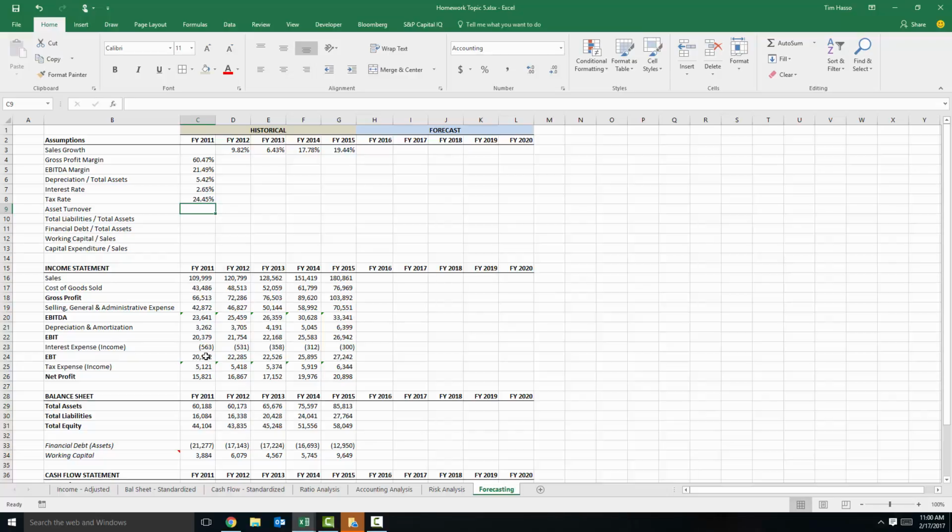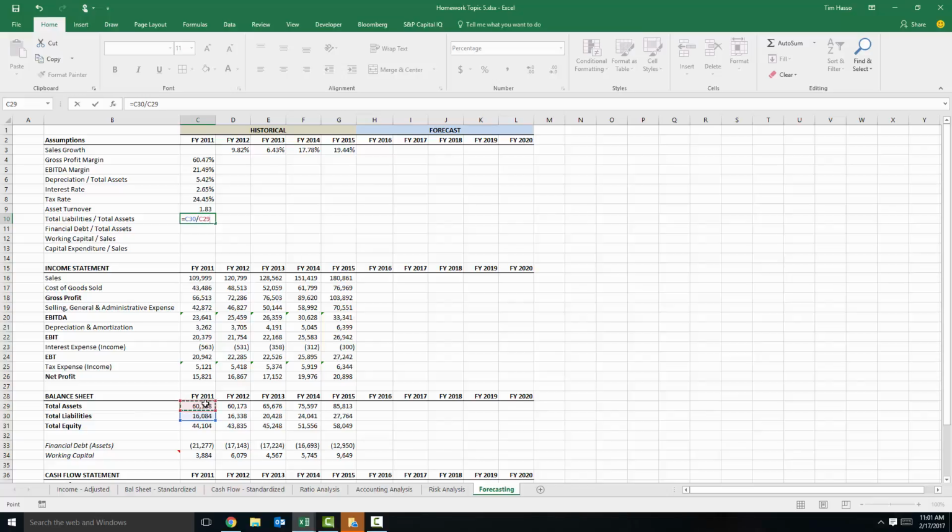Then we have the asset turnover, and that essentially tells us about our asset efficiency. In order to calculate that, we take our sales and divide it by our total assets. We then have our total liabilities divided by total assets. That's a self-explanatory ratio. So we take our total liabilities and divide it by total assets.